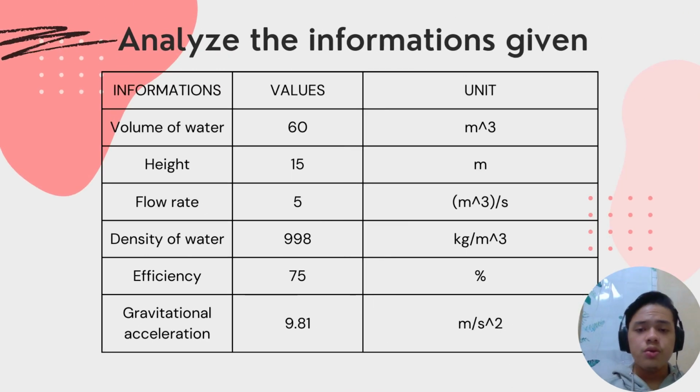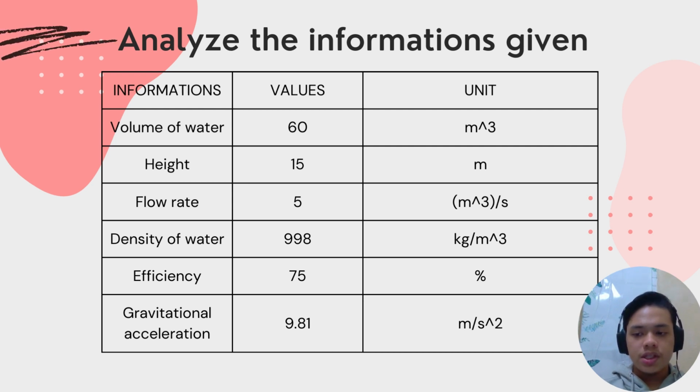So the first thing we need to do is to analyze the question and find all the information that was given to us. The question is: a simple hydroelectric system with 60 meter cubic of water is elevated 15 meter above the turbine, and the flow rate was identified as 5 meter cubic per second.